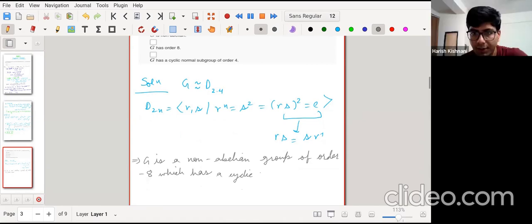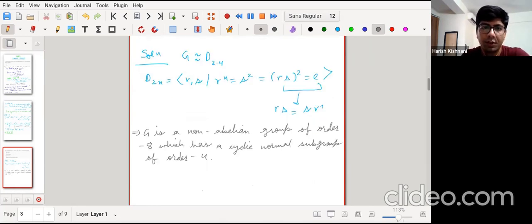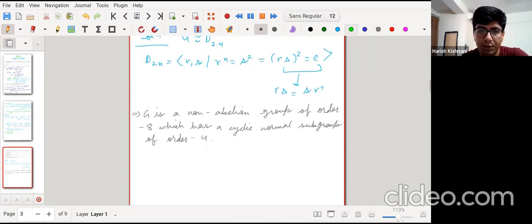This cyclic normal subgroup of order 4 is precisely the group of all rotations.